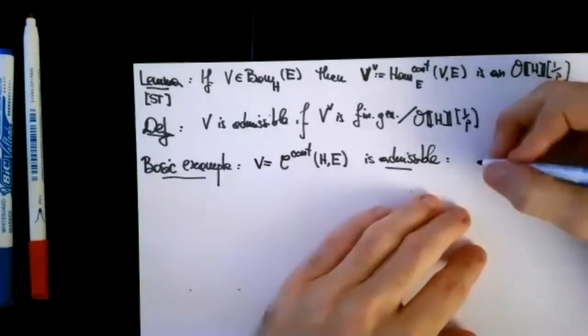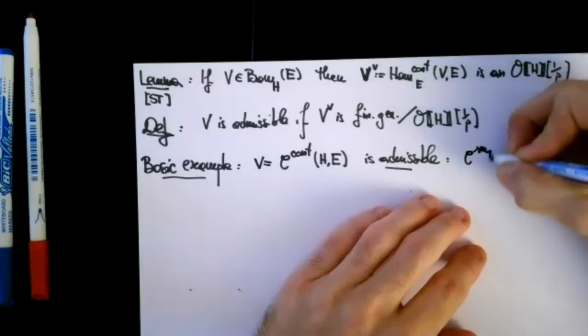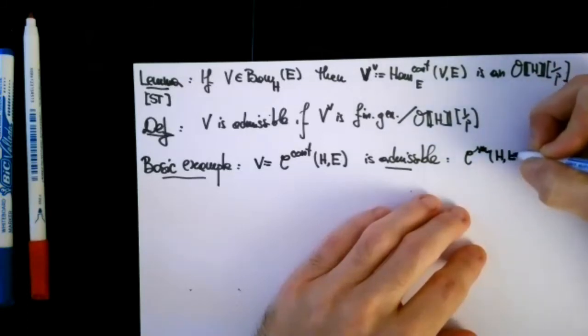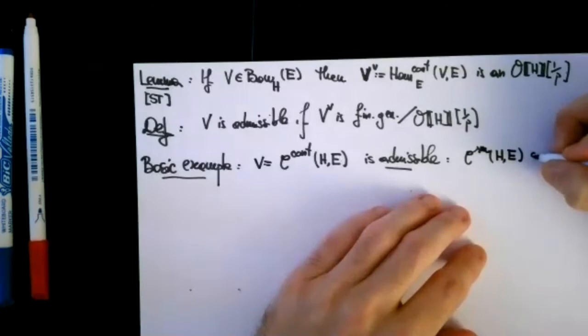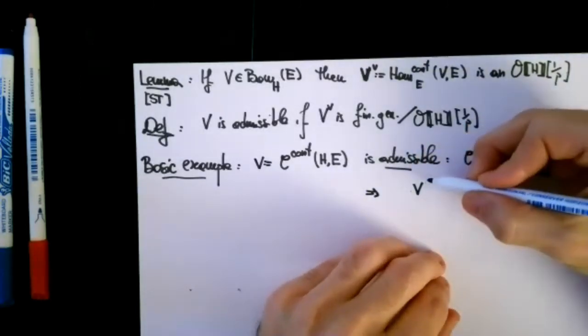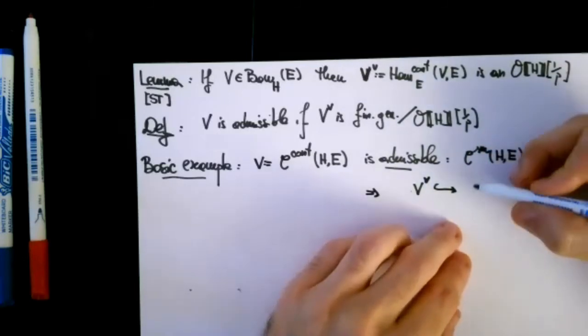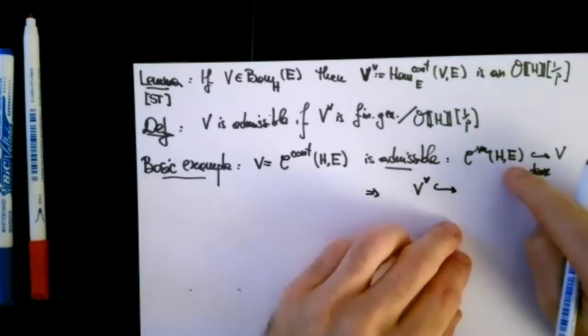Also, the smooth functions on H with values in E are dense in V, and so this means that if I dualize, V check is injective in, well, I take the inverse limit.